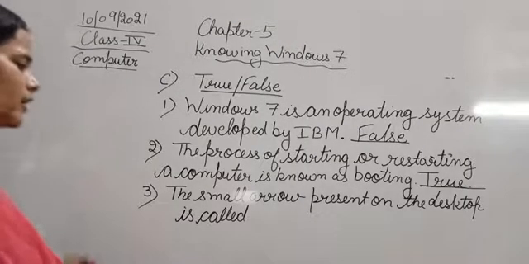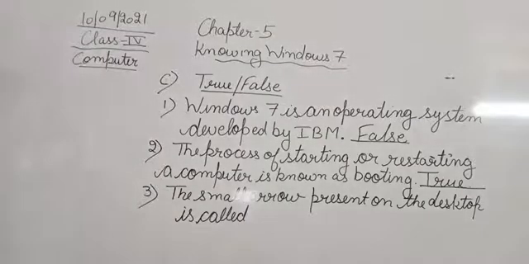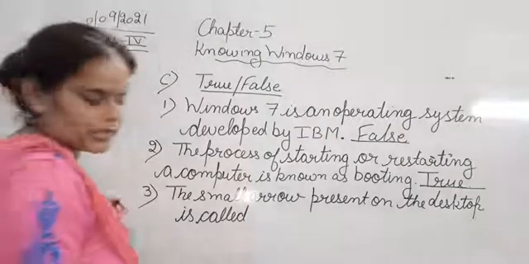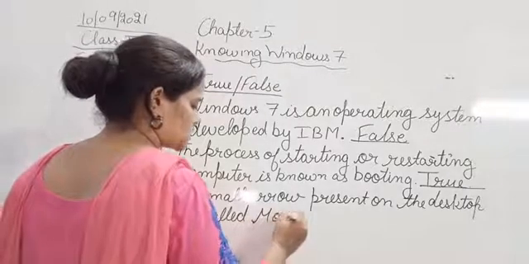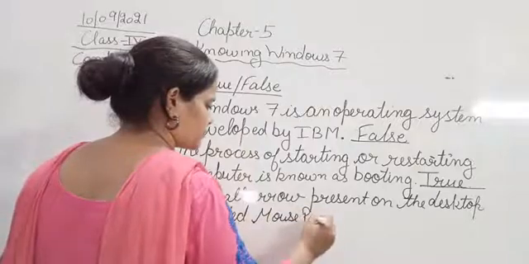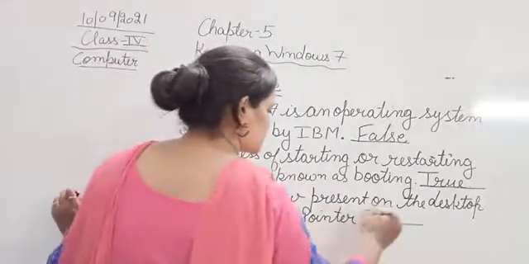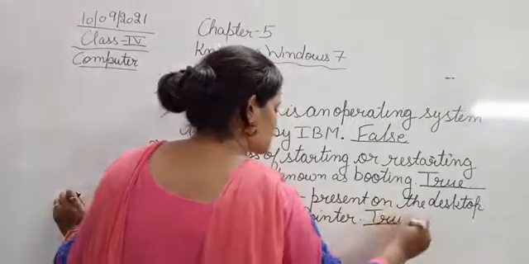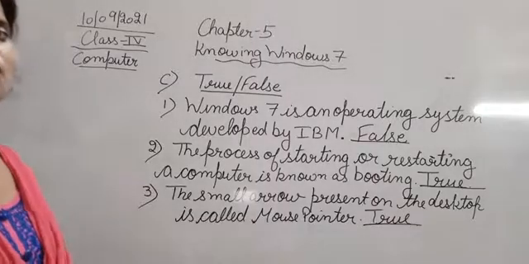Is it true? Yes, this is true. This statement is true. So the arrow that you see on the screen, that is a mouse pointer. This is the answer for the first three. The first is false, second is true, third is also true.